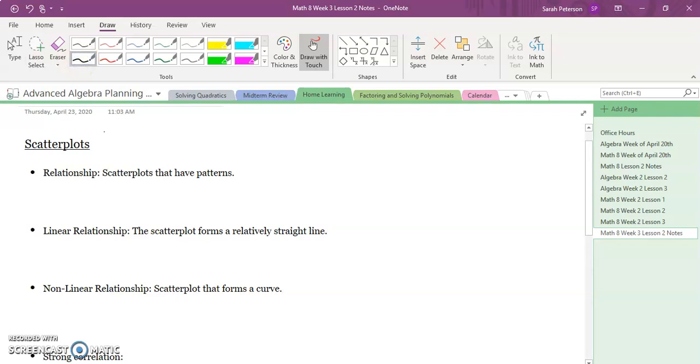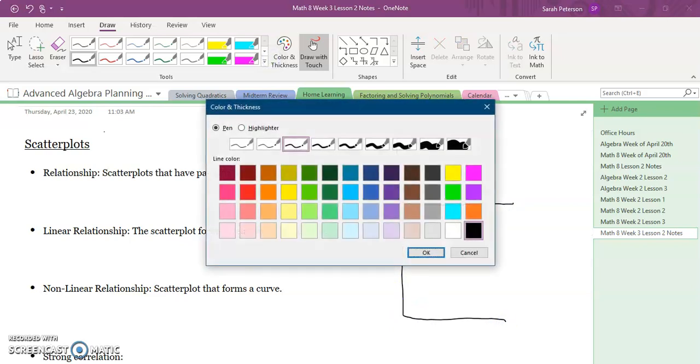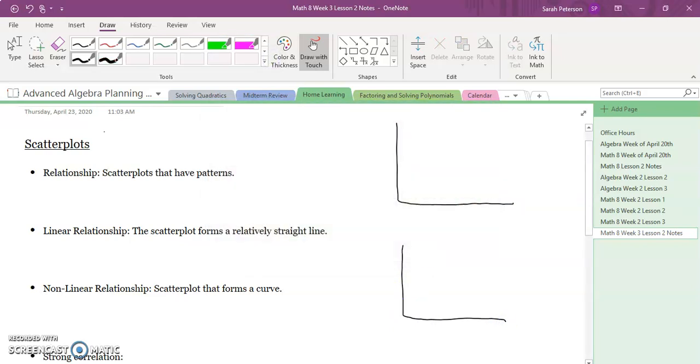So I'm going to draw two scatter plots here, and I am going to look at a scatter plot that has a linear relationship. That might look something like this. Although the points are not exactly in a line, it almost forms a line.